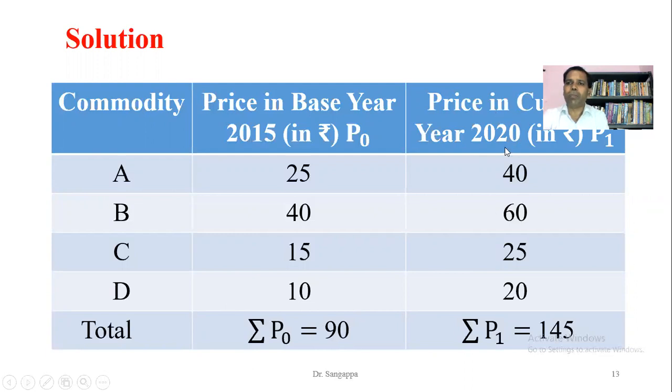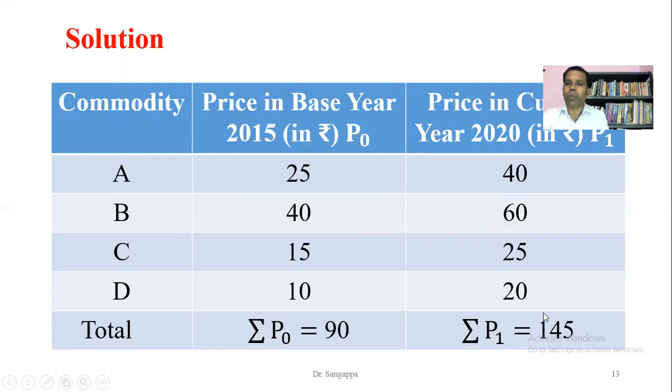Then come to the third column. This third column shows the prices in the current year, which we consider as 2020. In the current year, the price of commodity A is 40 rupees, the price of commodity B is 60 rupees, the price of commodity C is 25 rupees, and the price of commodity D is 20 rupees. We add all these prices, that is sigma P1 equal to 145.